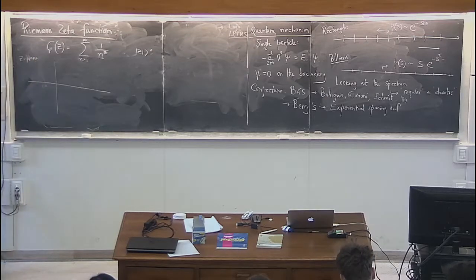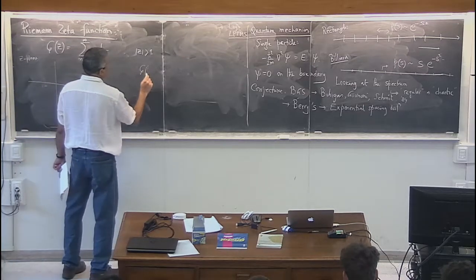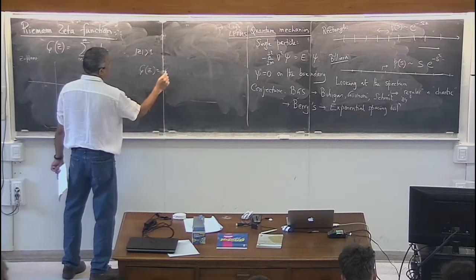So this is the zeta function, and it has many zeros in the complex plane. Zeros means the values of z such that this is 0.